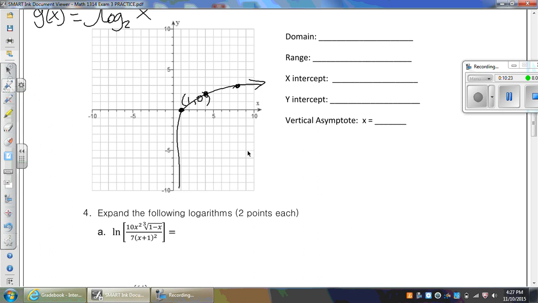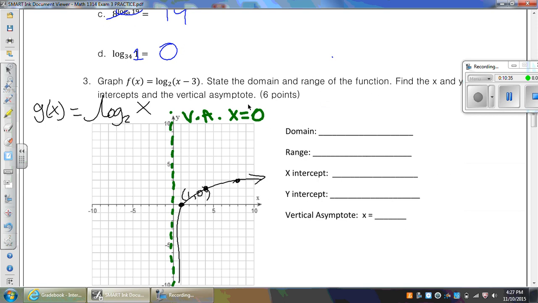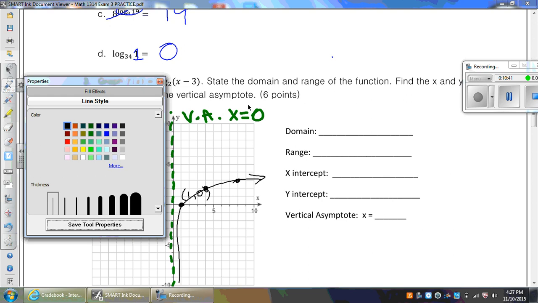Okay, so that is the parent function. Let's also graph that. It does have a vertical asymptote, and it is the line x equals 0. Now, if you notice, the graph that you have to graph is a horizontal shift.